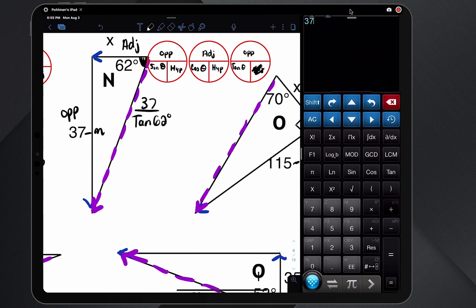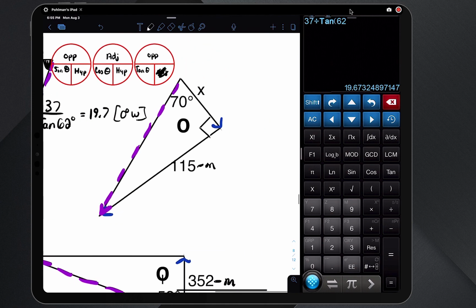So 37 divided by tan 62 equals 19.7, all right? So 19.7, and that would be at a 0 degrees west, since that's along a nice straight line there, or along our axes.